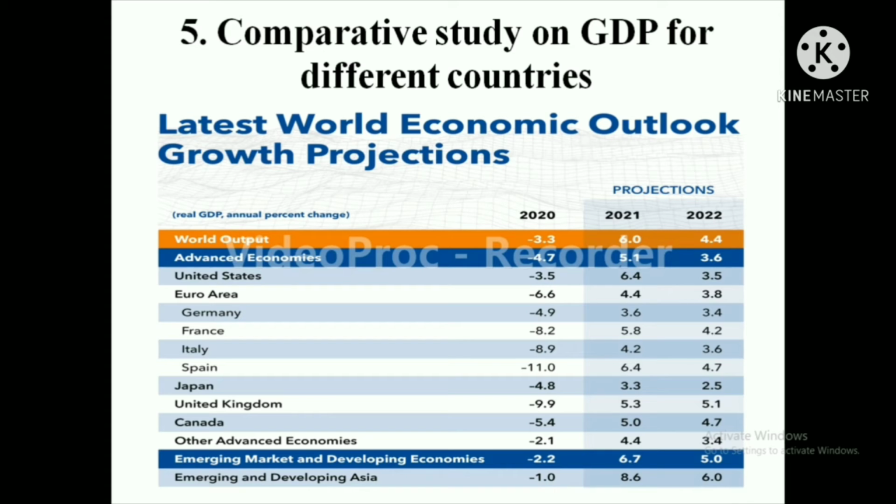If we go by the different categories, for advanced countries we are expecting growth of 5.5 this year, and then a reduction to 3.6%. This is the best example of a comparative study of GDP for different countries made using time series analysis.